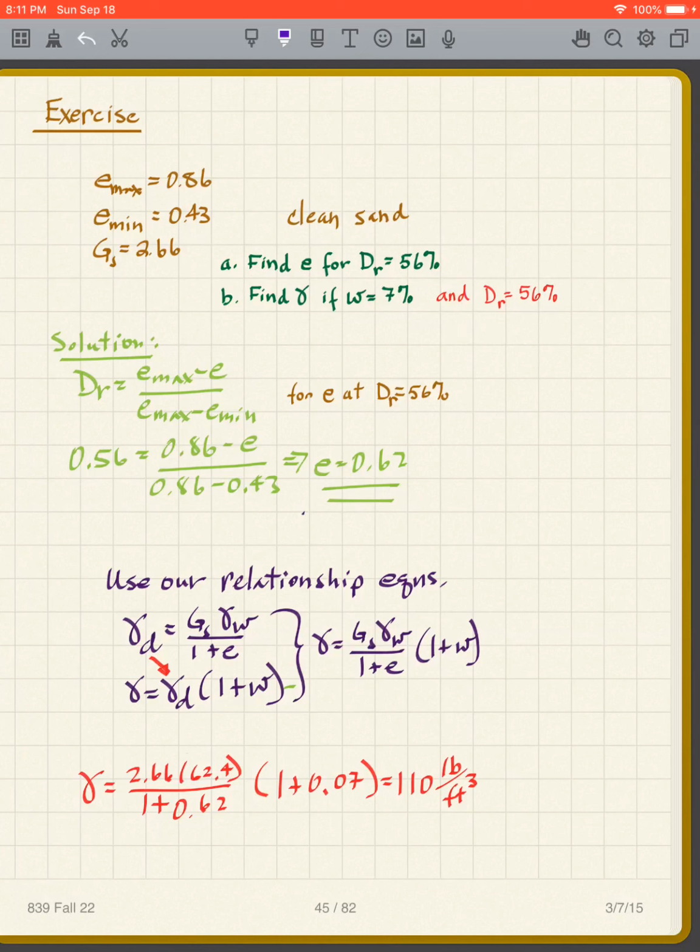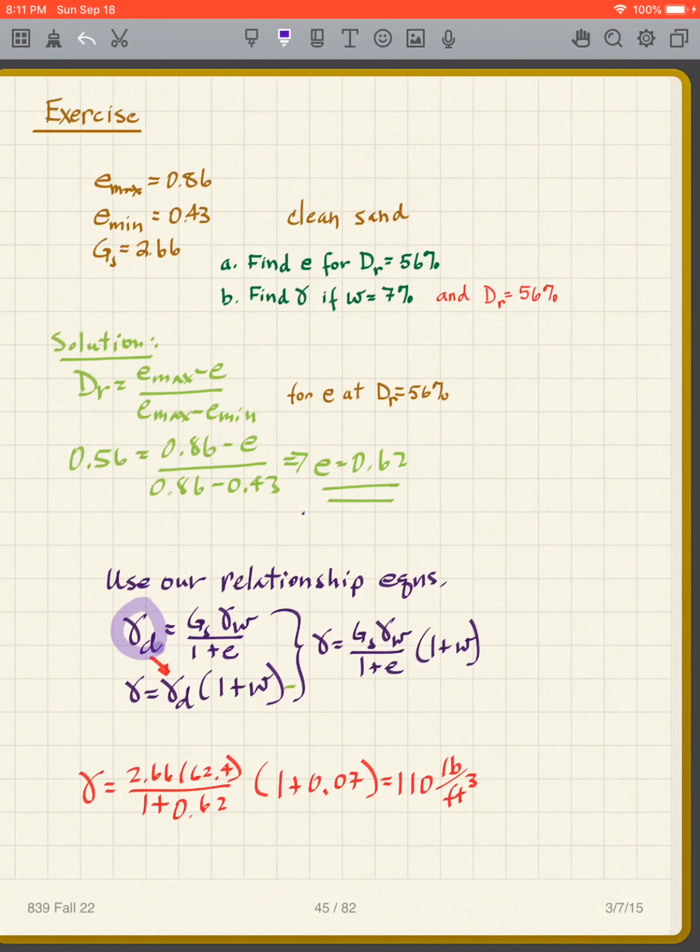We know that gamma d is GS times gamma W over 1 plus E from our relationship equations, and we also know that gamma is equal to gamma d times 1 plus w.